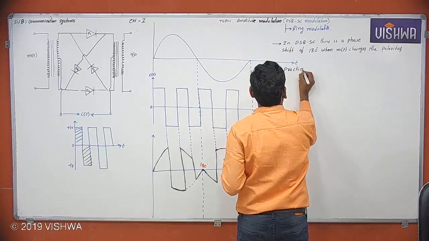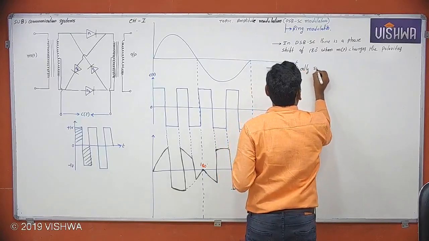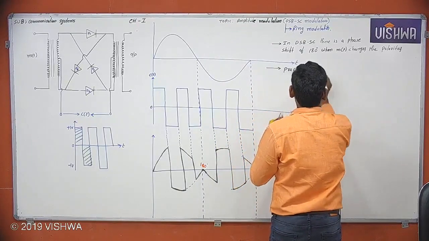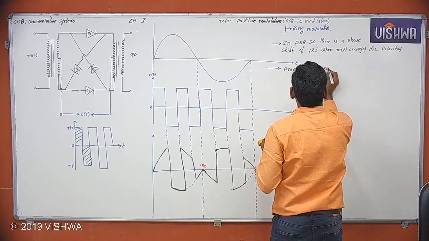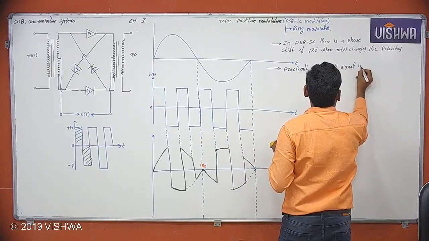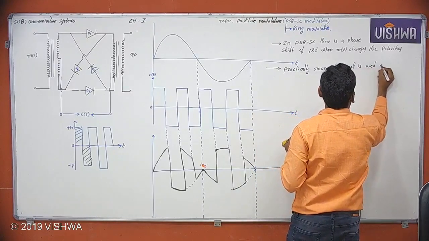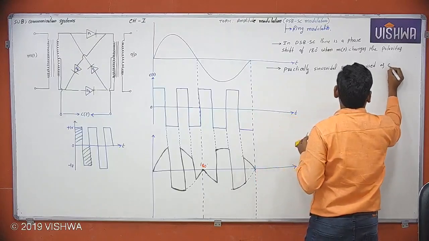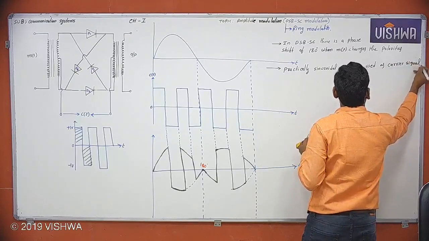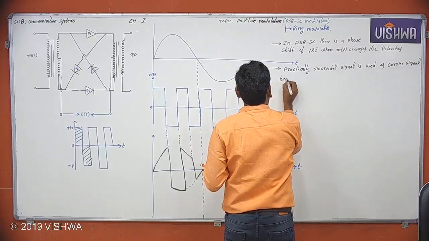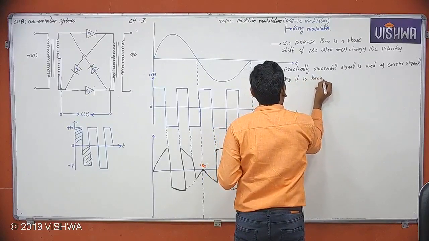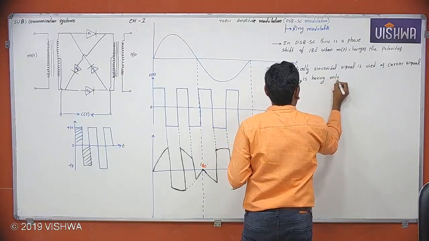Practically, a sinusoidal signal is used as a carrier signal because it has only one frequency.